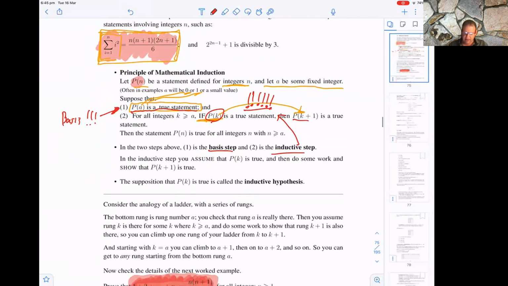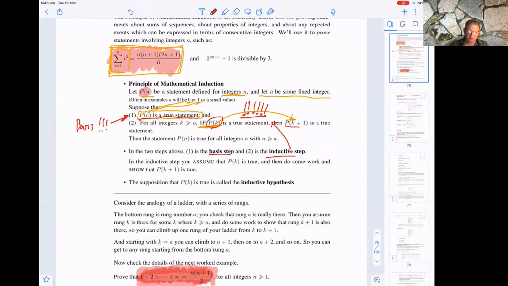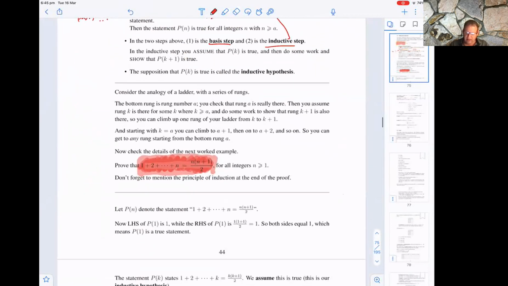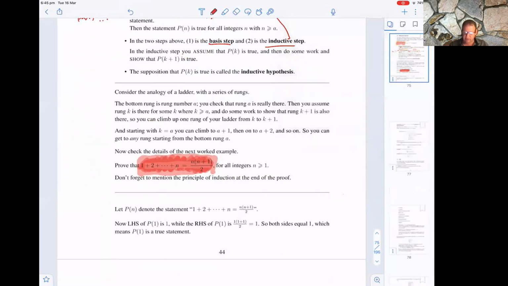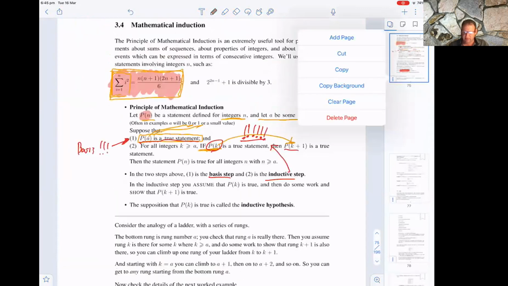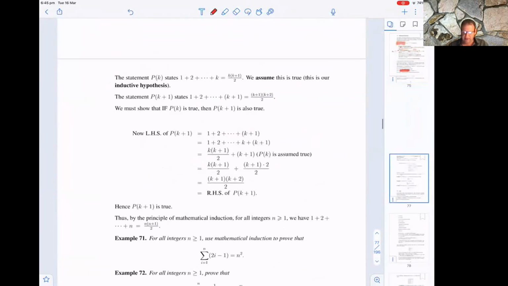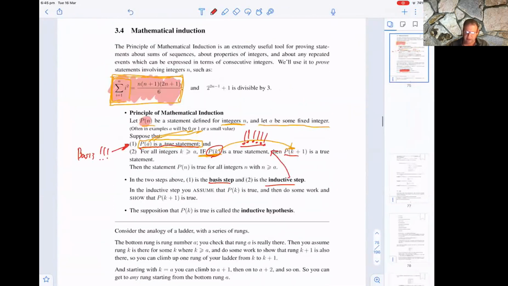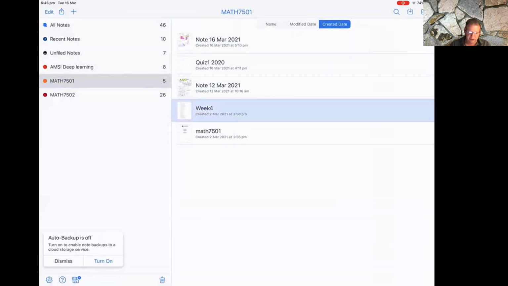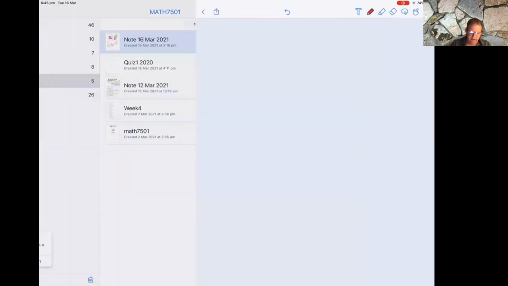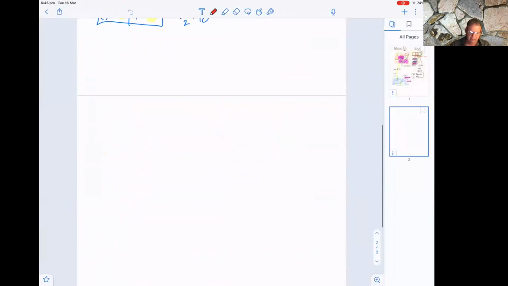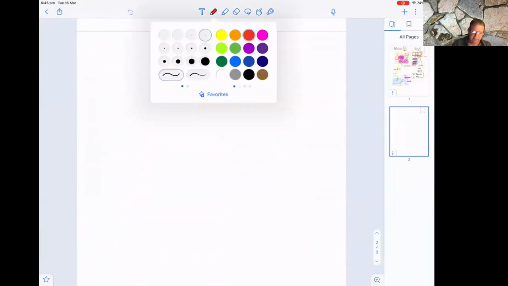Now, in mathematical logic, people work hard to use more basic axioms of logic to show that mathematical induction is actually a valid thing. But even though it's a proof, we're doing it like engineers, so we're just using mathematical induction. Let me go back here because my notes are starting to act up.